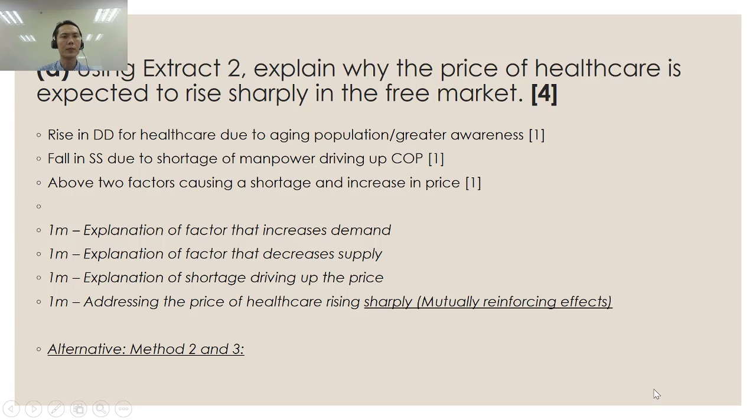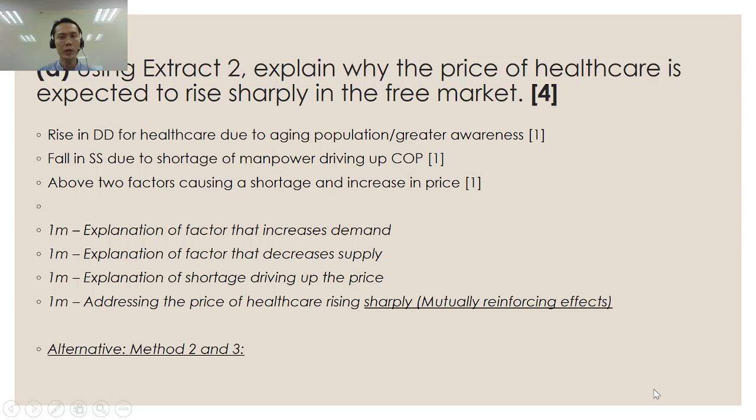There's a fall in the supply due to the shortage of manpower that drives up the labor costs, increasing the cost of production. Producers are less willing and able to produce, so supply decreases. The increase in the demand and the decrease in the supply will therefore cause a shortage, resulting in upward pressure on the prices.